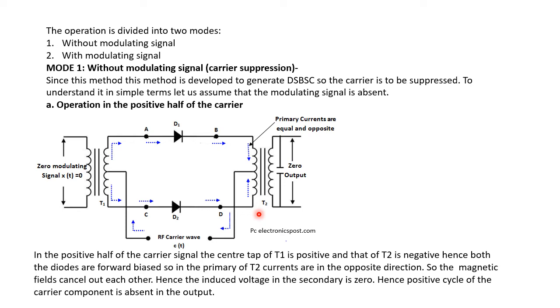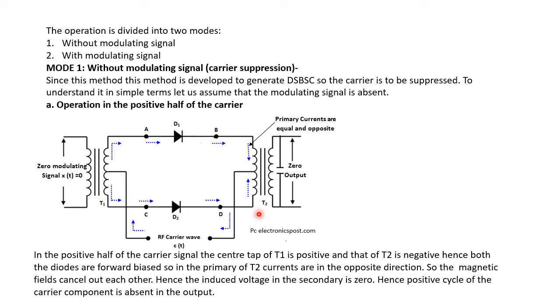So, the magnetic fields will cancel out each other, and in the output circuit or in the secondary of the transformer T2, the net magnetic field or current will be zero. Or we can say in other words that the output voltage will be zero.